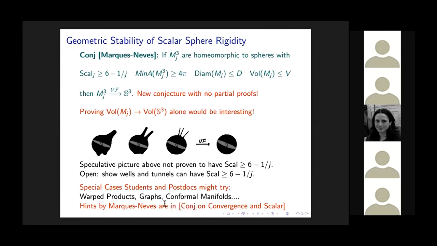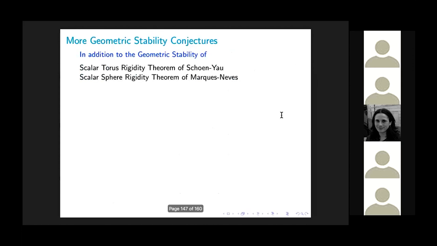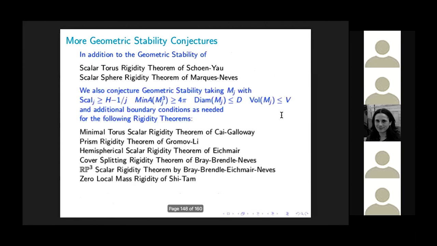And Marques and Neves have a set of hints that is in this Conjectures on Convergence and Scalar Curvature paper that we all wrote together, and they have hints for this particular stability conjecture of theirs related to their own results. All right, so then we have the rest of the rigidity theorems. You can take any of these rigidity theorems here.